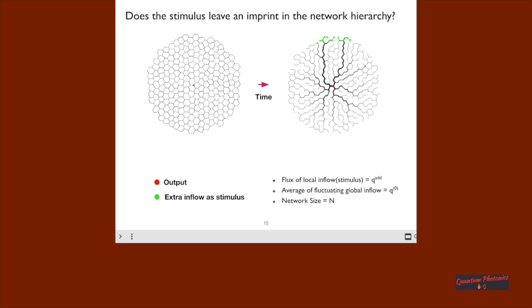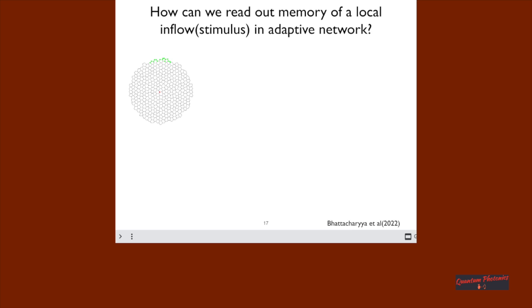In slide 19, through the builds of the slide, I show how I attempt to read out the memory of an extra local inflow shown by the green dots, as I described a few slides ago. How we can read out the memory of this local inflow or stimulus in an adaptive network.